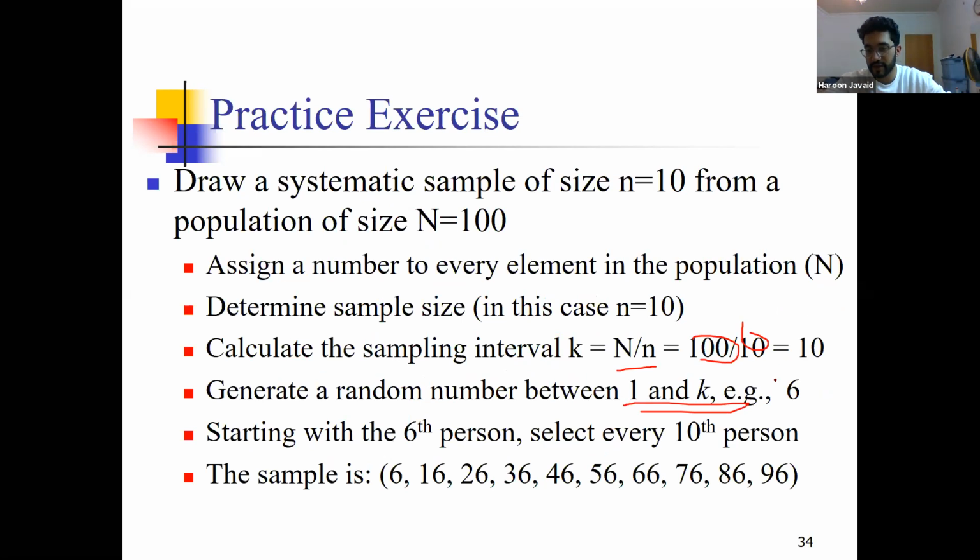For example, it's 6 over here. So starting with the 6th person, we will be selecting every 10th person. This is the value of k, and our first value is anything less than k, because it's going to be the first number we select. Make sense?